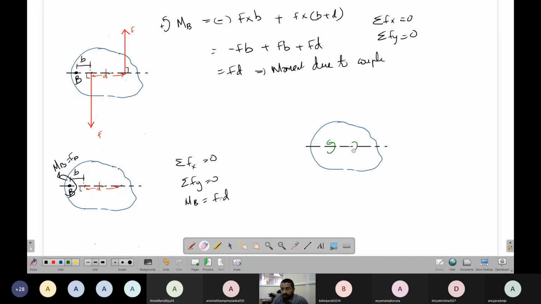Any point I take, I can write the moment is the same. So this is basically the couple represented as an equivalent moment.